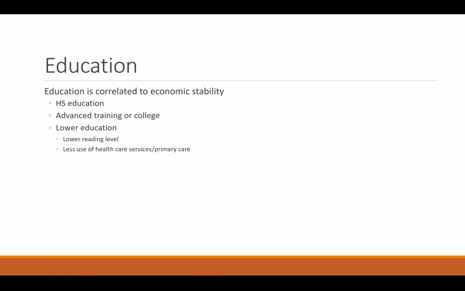We know that people with a high school diploma tend to have higher health status than those who drop out of high school. We also know that those people with advanced training or college education after high school have a higher level of health and wellness than those people who have a high school education. So the more education someone has, the more likely they are to have a higher level of health status.